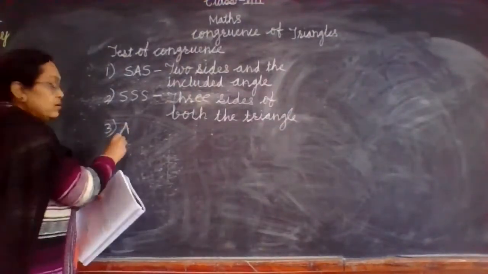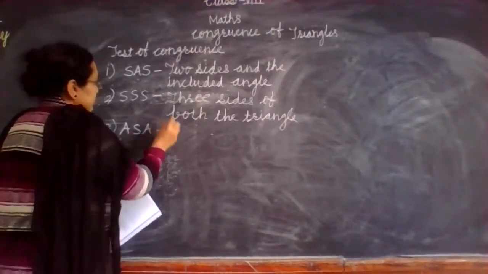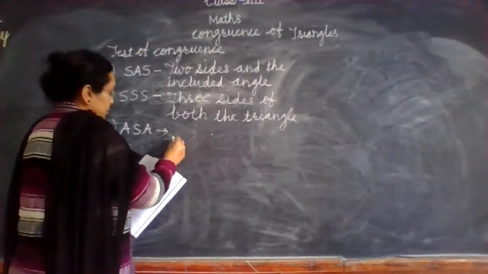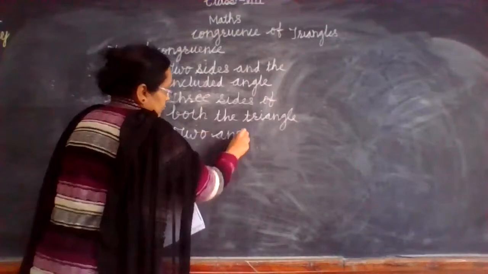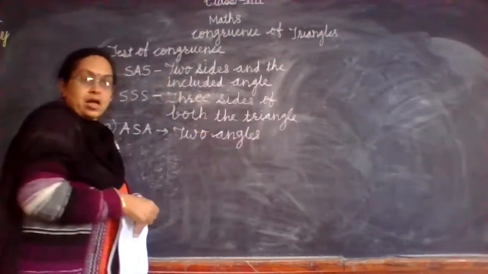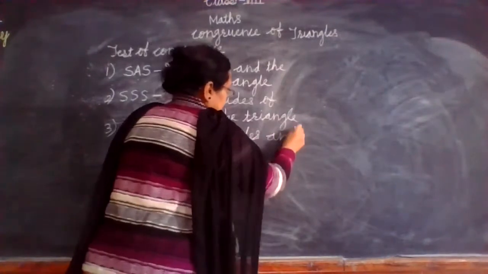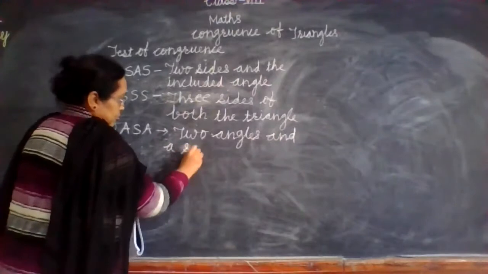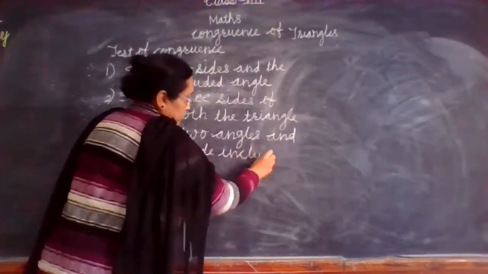it starts from angle, the ASA test, that is two angles and a side included.